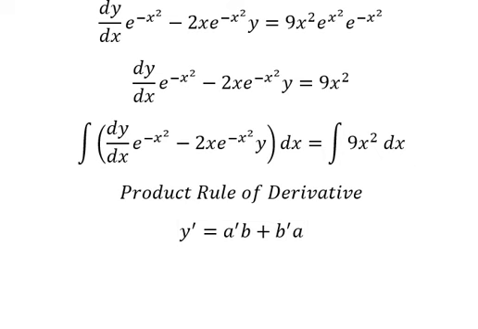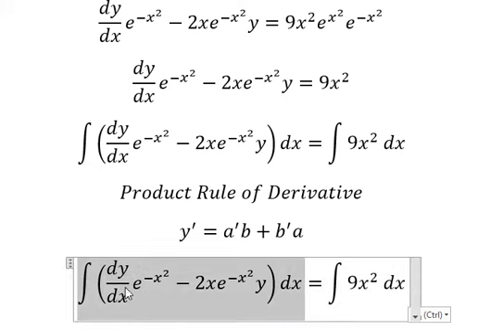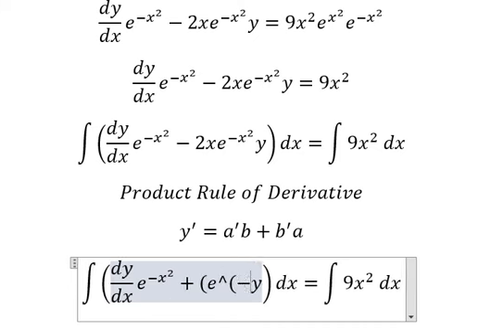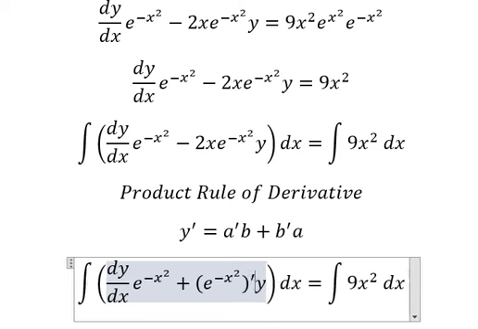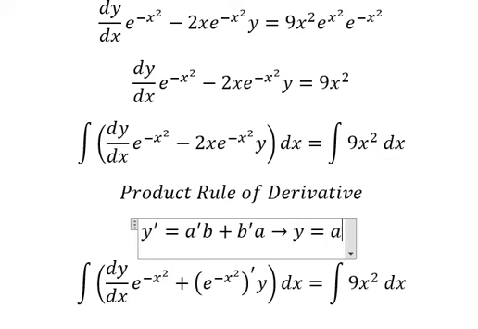So if we look carefully about this one, we see that this is the first derivative of a multiplied by b. This one is the first derivative of b multiplied by a. So the integration of this one, we have y equals ab.